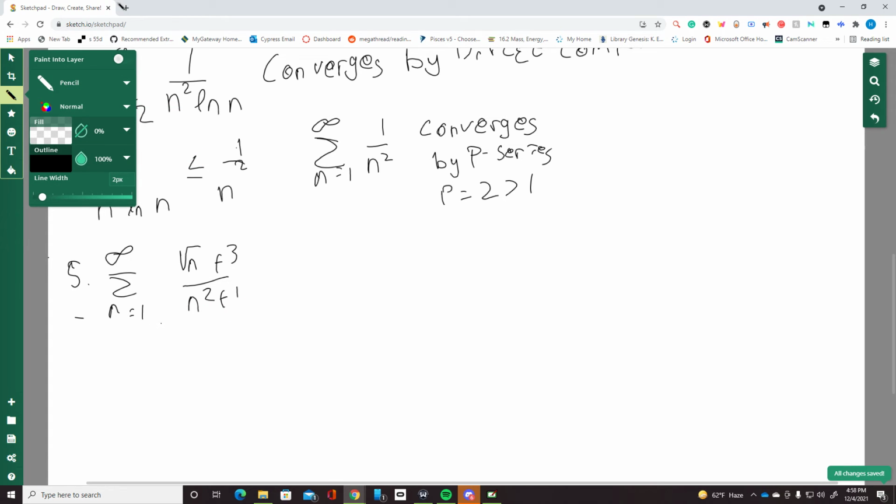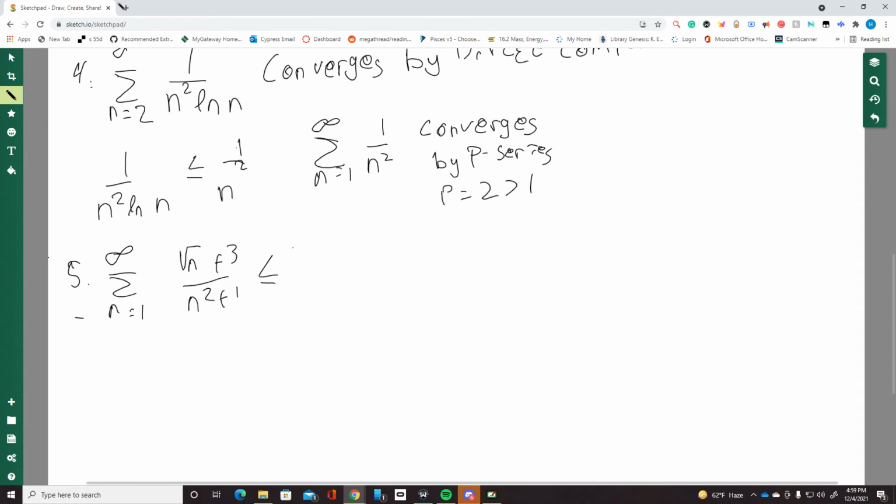So we can try to do the comparison test again. To compare, we can say that this is actually bigger than root n plus 3 over n squared plus n squared, right?